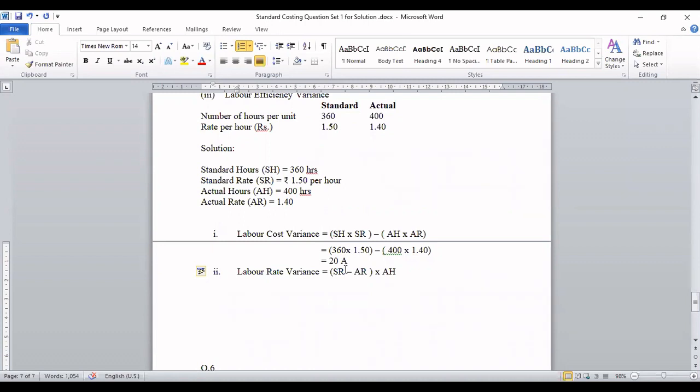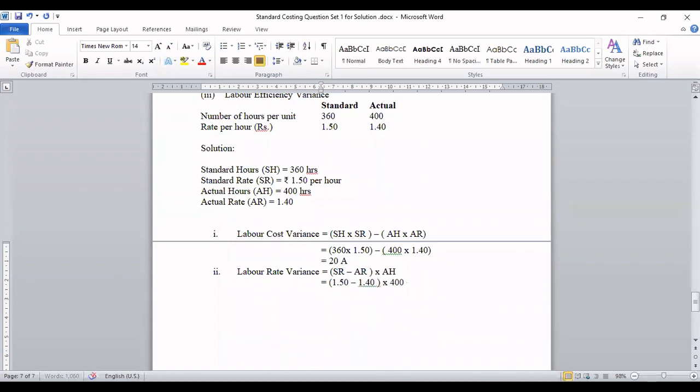Come on, tell me, you are saying it is the final answer. First, tell me the values here. What is the standard rate? 1.50 minus 1.40. Keep it in a bracket, into 400.